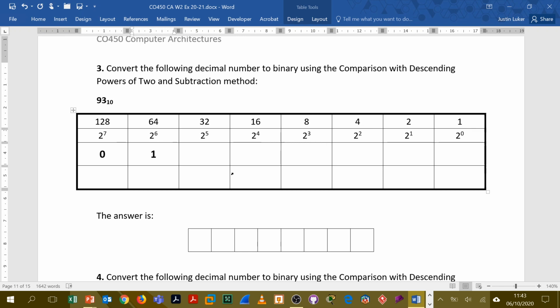And again, what have we got here? 64 away from 93 gives us 29.